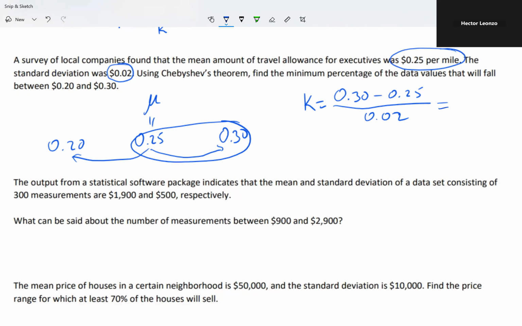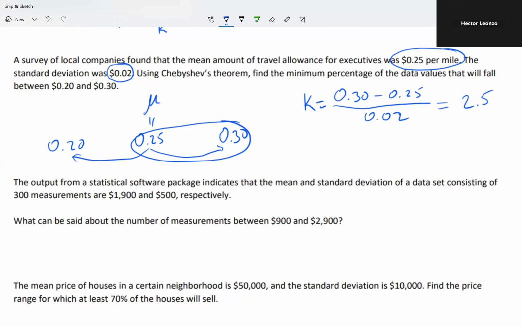Now here, I'm going to type this on my calculator. I can type in a fraction. Use the calculator that I gave you guys on Canvas if you need to. So type in a fraction, 0.30 minus 0.25 over 0.02, and it gives me 2.5. So I'm going to move 2.5 standard deviations to each side.